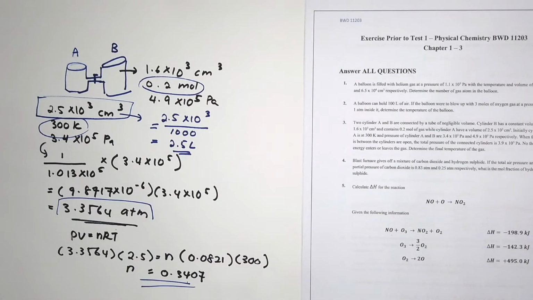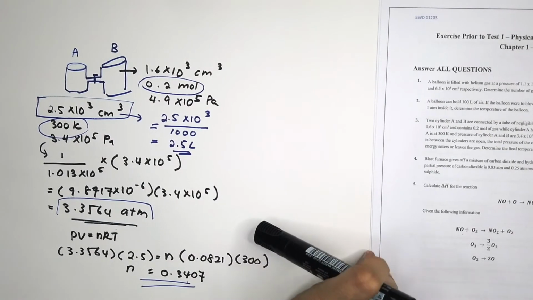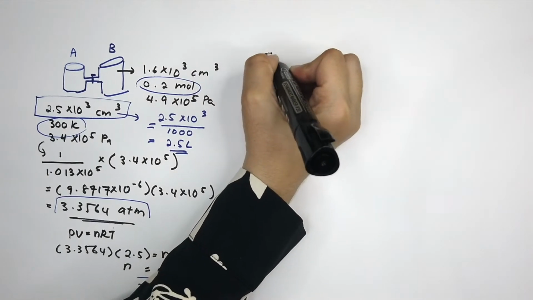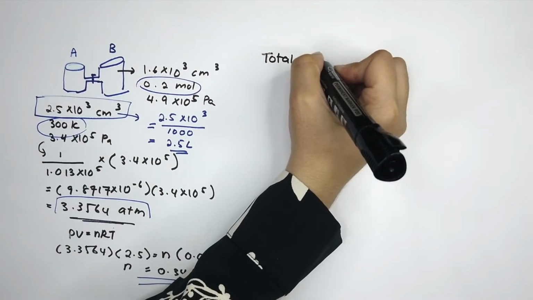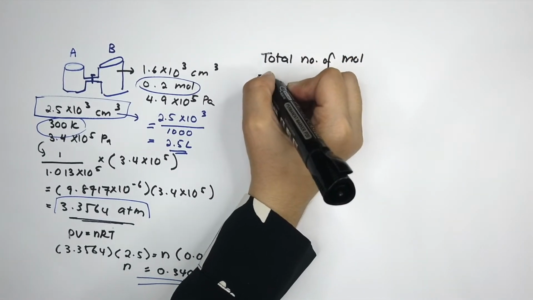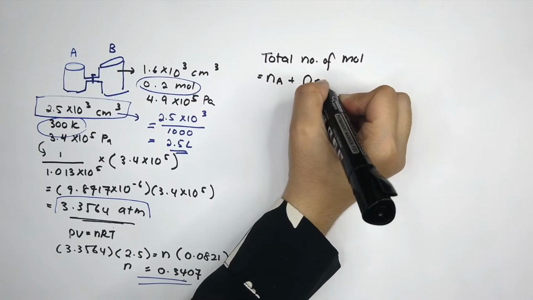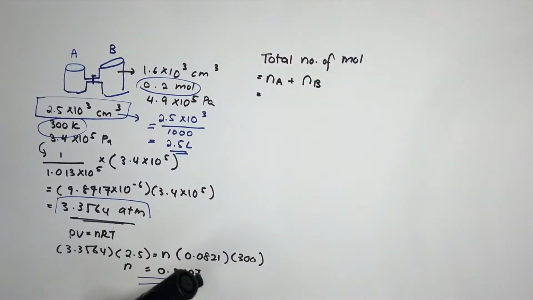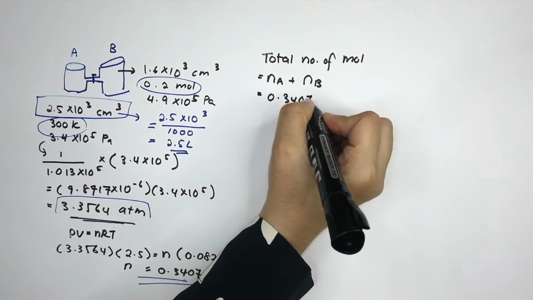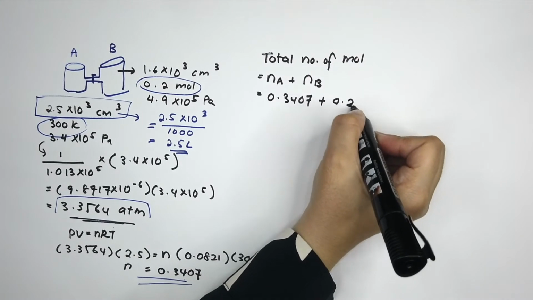So what we need to do is calculate the total number of moles, which means the number of moles for A plus the number of moles for B. The number of moles for A is 0.3407. The number of moles of B is 0.2.